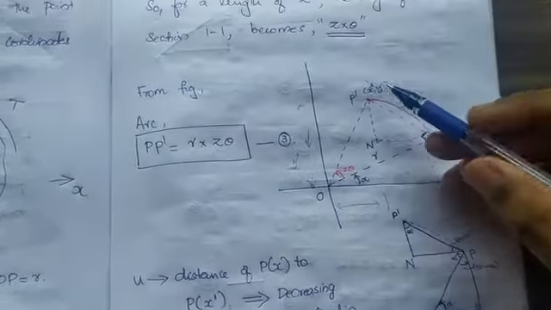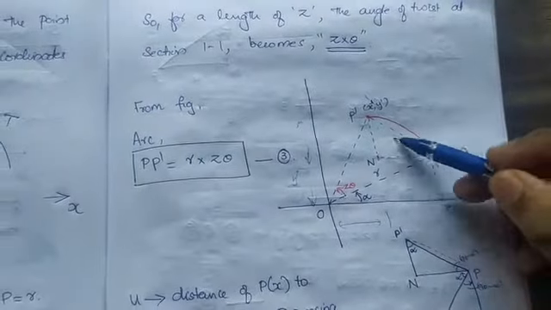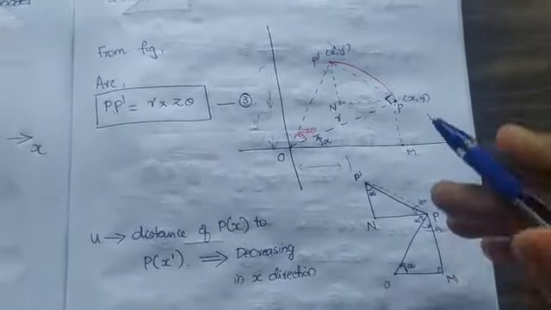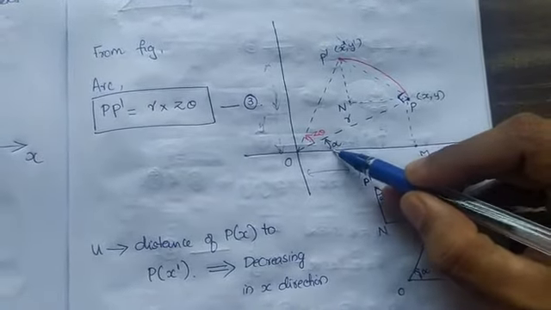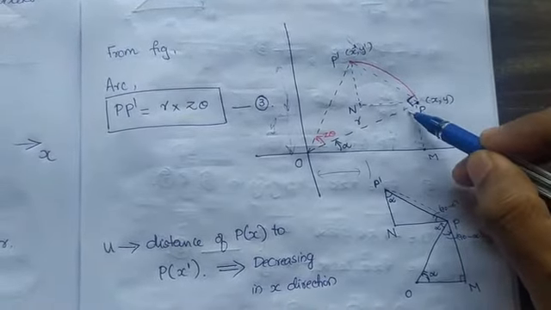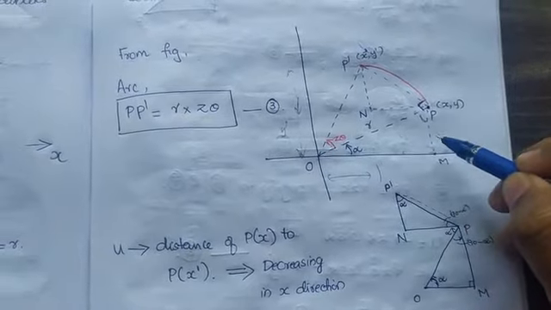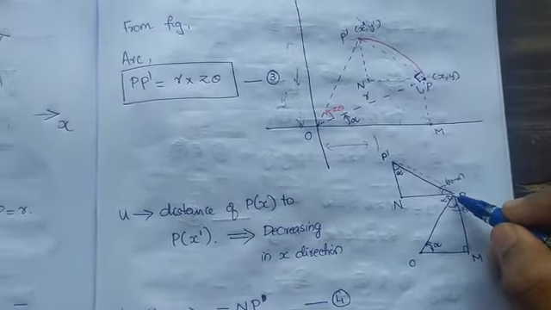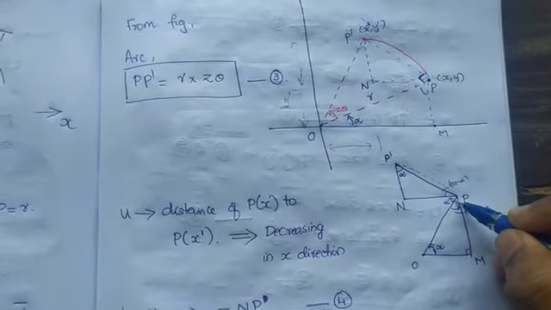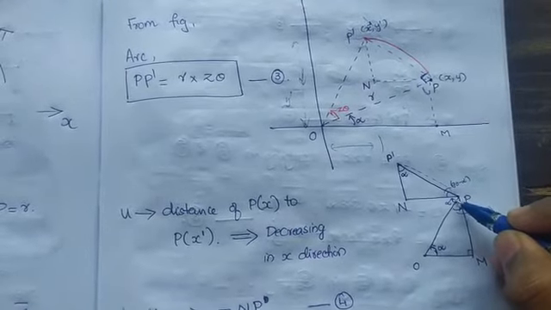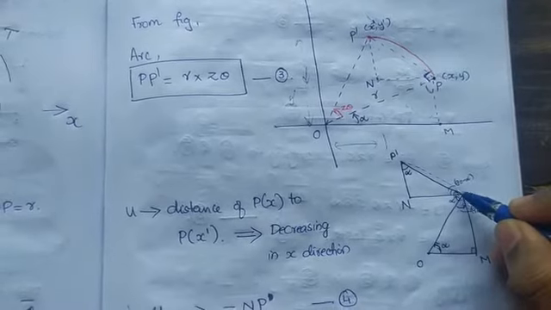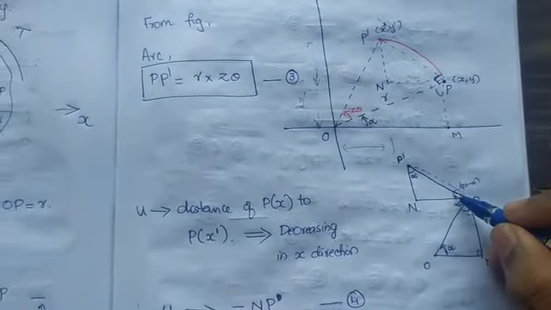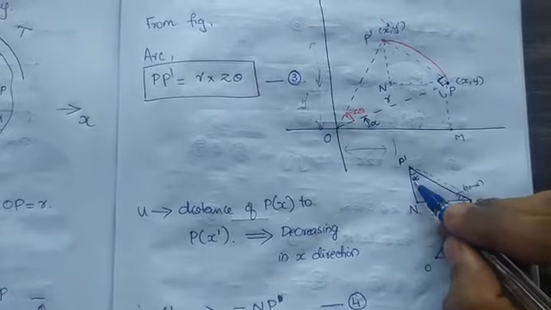Now if you analyze these two right triangles, here this angle is alpha, this is 90, so this will be 90 minus alpha, and this is 90 minus alpha, and this total angle is 90 degrees, so this will be alpha. This total is 90 degrees, so if this is alpha, this will be 90 minus alpha, so this will be alpha.